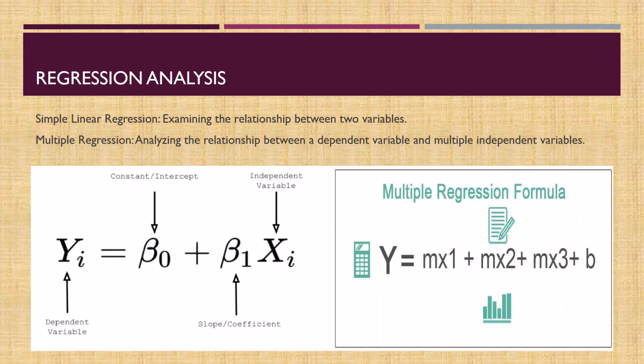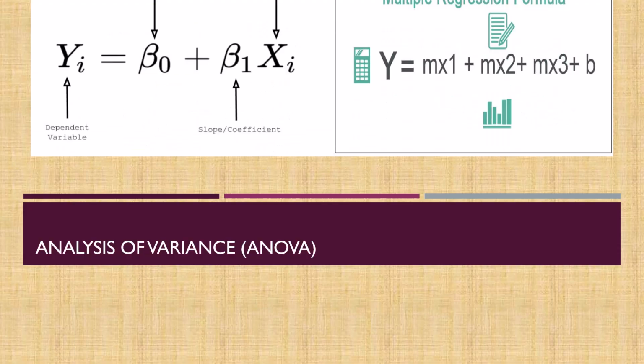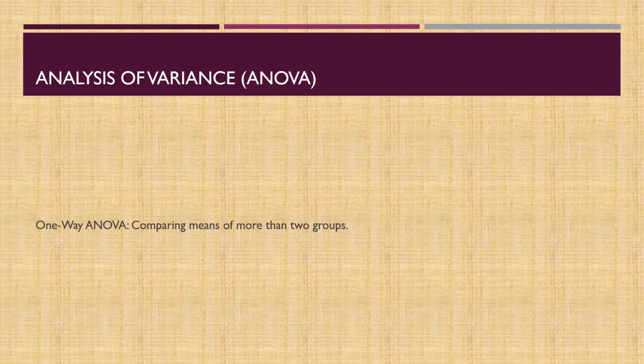Then we have multiple regression, which analyzes the relationship between a dependent variable and multiple independent variables. For example, if you want to know the different determinants of income, someone can have X1 as education level, family background, and more.